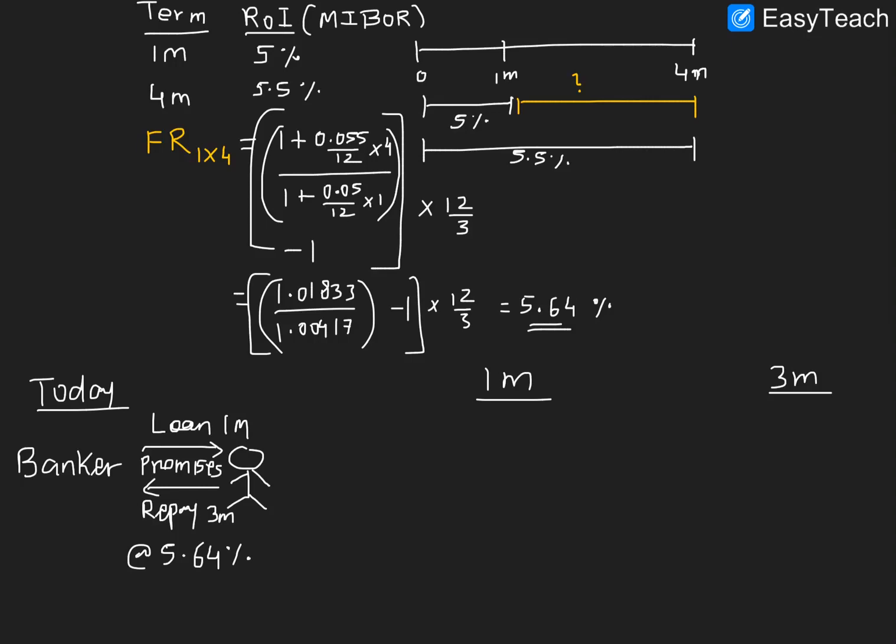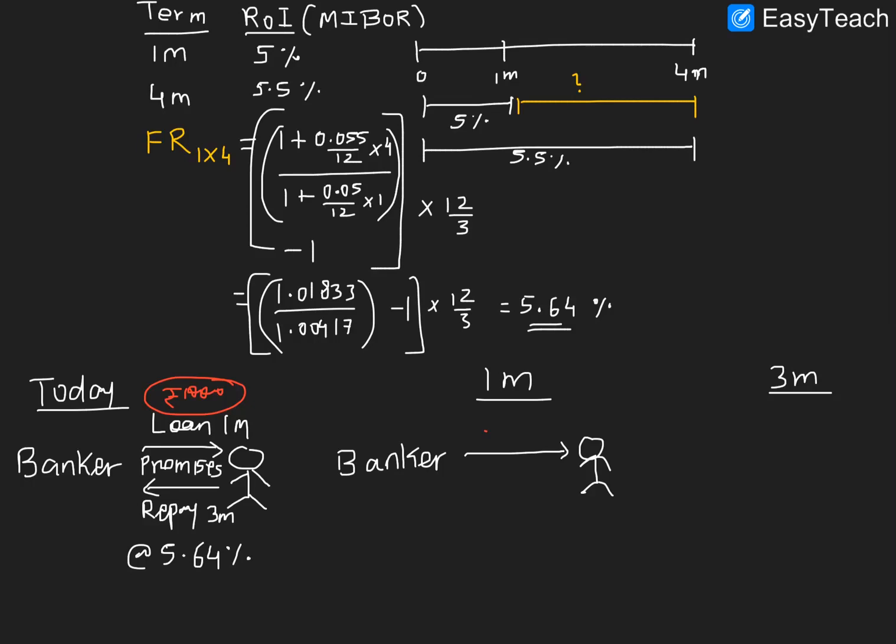Then what should happen after 1 month? What actually happens, we are going to discuss at a later stage. What should happen is that after 1 month, the banker and customer should come together. The banker should give a loan. Let's say the loan which was agreed between them was rupees 1000.